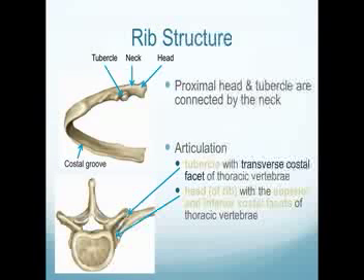So I have here articulation. The tubercle articulates with the transverse costal facet of the thoracic vertebrae, and the head of the rib articulates with the superior and inferior costal facets of the thoracic vertebrae. So that's what it's showing you there, the articulation points of the ribs.